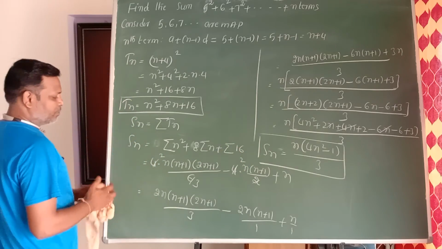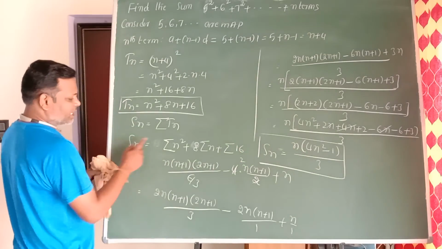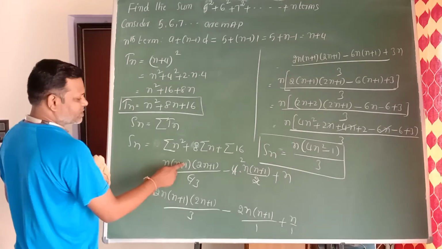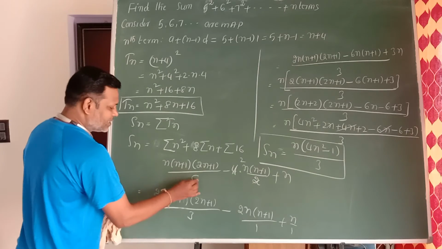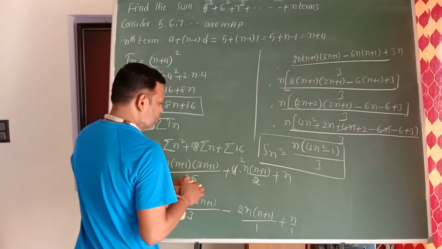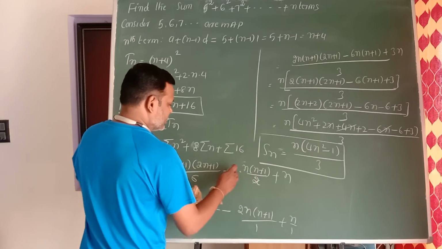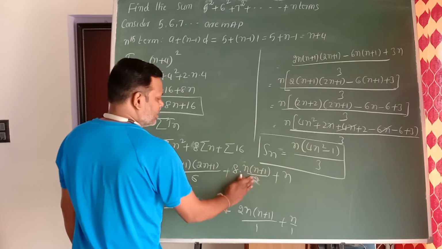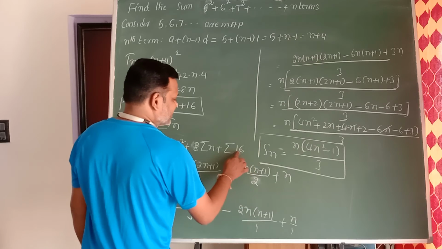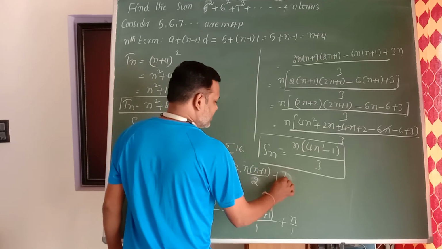Got my point here? Now sigma n square is n into (n plus 1) into (2n plus 1) divided by 6, plus 8 into sigma n, which is n into (n plus 1) divided by 2, plus sigma 16, which is 16n.